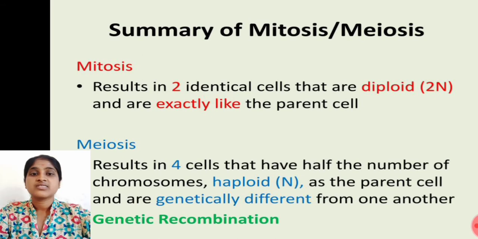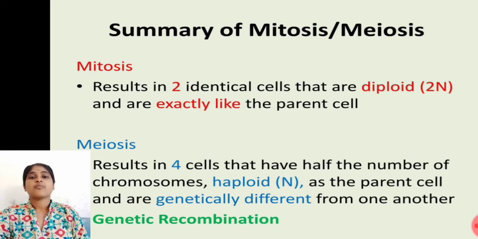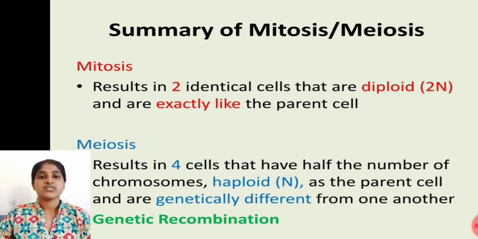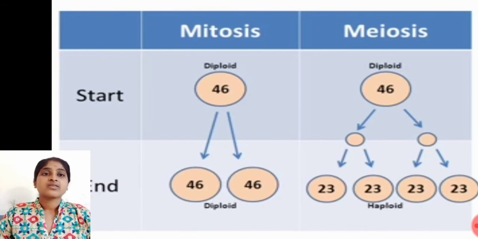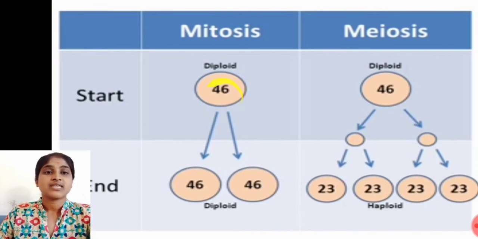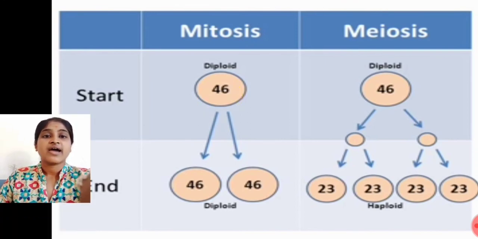Next, genetic recombination. We see genetic recombination in the significance of meiosis only. Next, we go to the diagrammatic representation of how they differ. Starting with mitosis, the diploid number of chromosomes is there. When it divides, two daughter cells are formed as the end product.